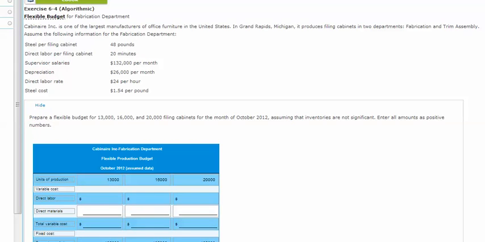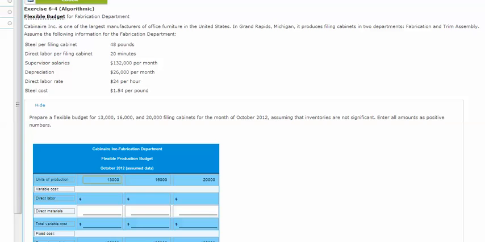Okay, so now we can tackle and work with the numbers associated with our variable costs. If we're doing 13,000 units and the steel per unit is 48 pounds, I can multiply the 13,000 units times 48 pounds, and it looks like I get 624,000.